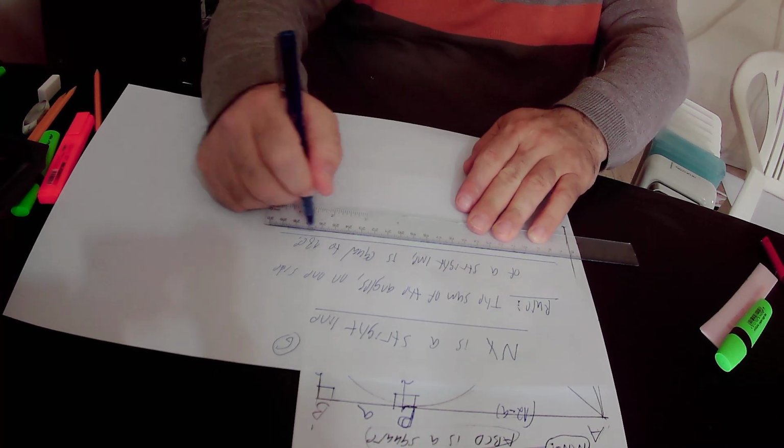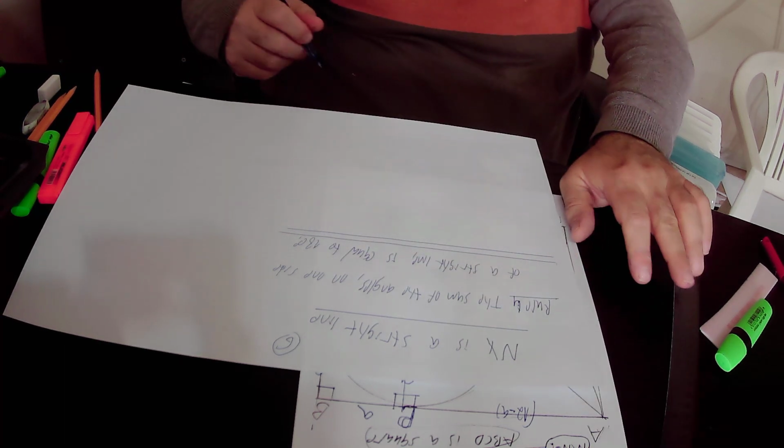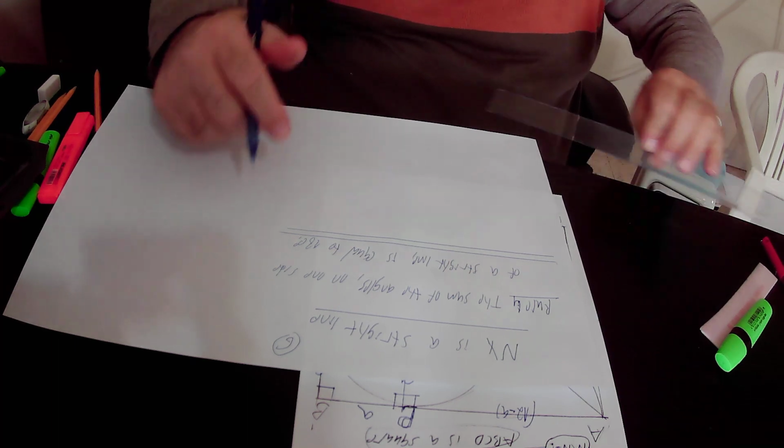I repeat again, according to rule number 4, the sum of the angles on one side of a straight line is equal to 180 degrees.